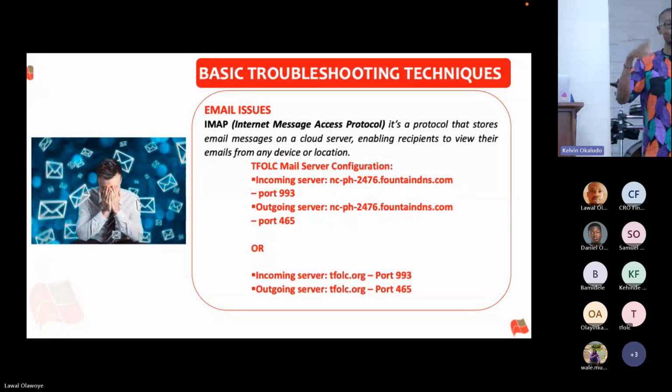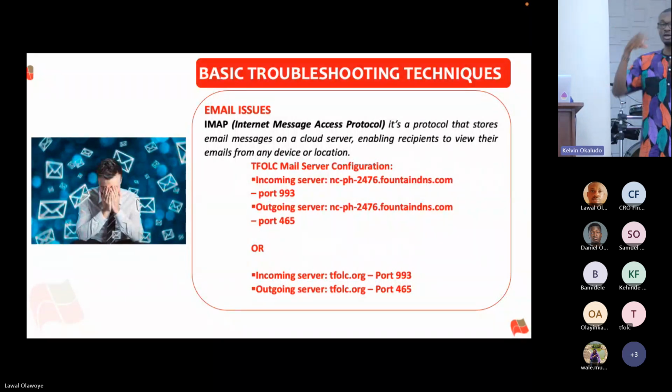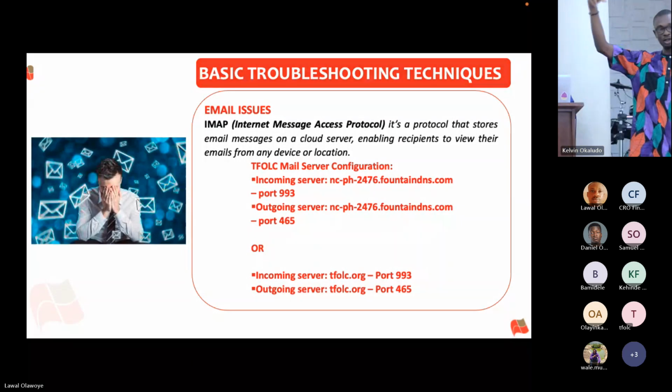There's another one called Post Office, POP. When you enable POP on your device, it stores all your email on that device. So if you lose that device, you lose it. But for IMAP, it saves it in the cloud, so from anywhere, from any device, you can access your email. That's why we always advise that when you are setting up your email, choose IMAP, not POP.